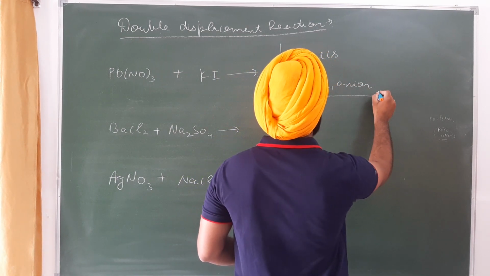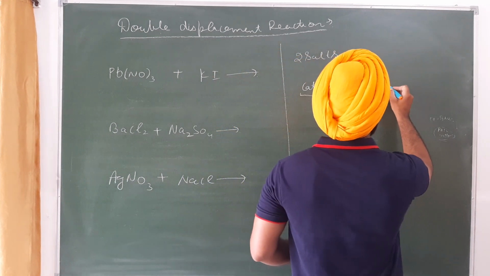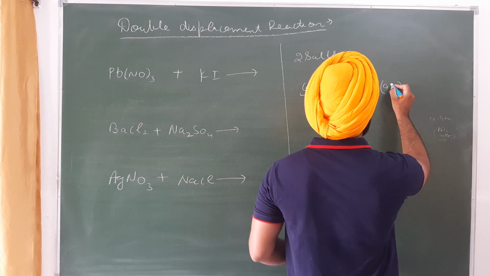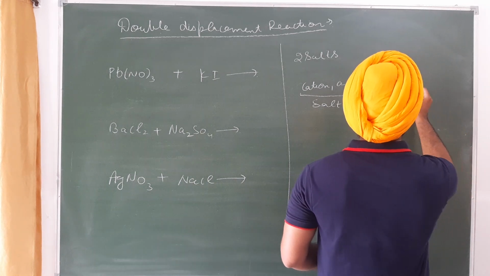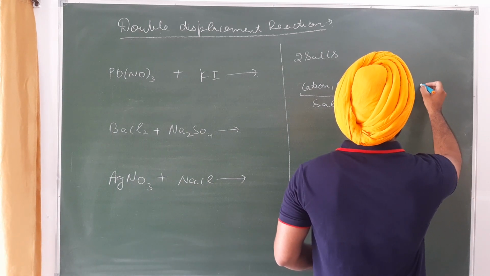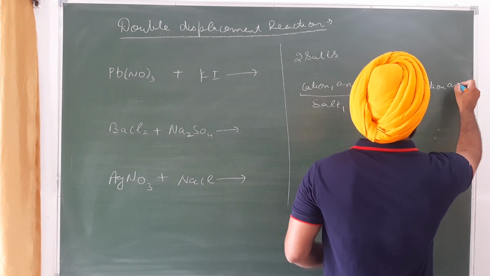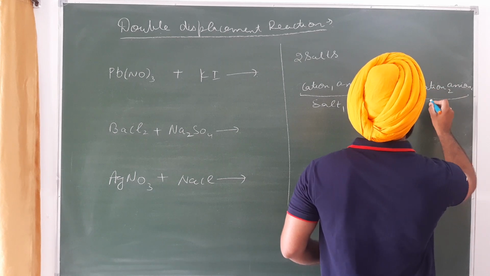This is salt 1, and it is in aqueous form, dissolved in water. Plus cation 2 anion 2. This is salt 2.